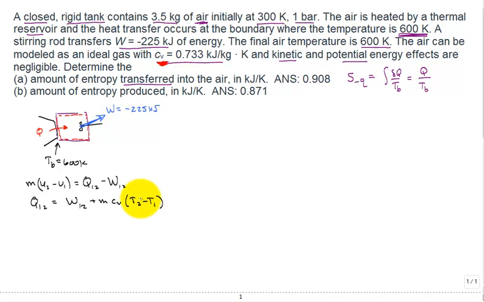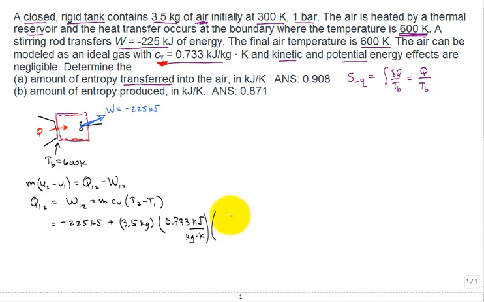All right, so let's substitute some numbers. Negative 225 kilojoules plus our mass, 3.5 kilograms, times the specific heat at constant volume for the air, 0.733 kilojoules per kilogram Kelvin, and then the temperature change.